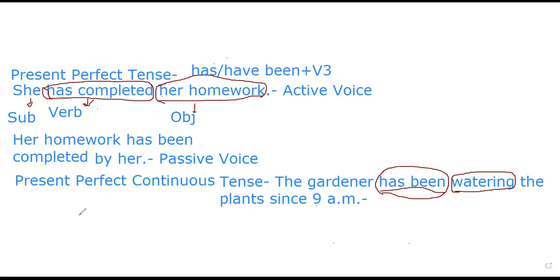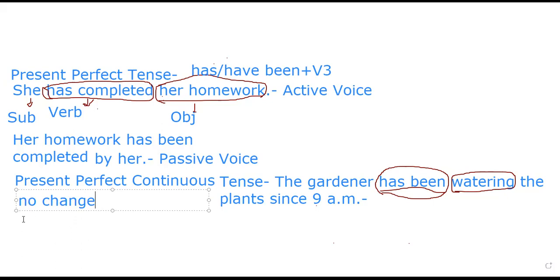Is it clear? So for present perfect tense and present perfect continuous tense, there will be no change from active to passive voice. It can't be changed from active voice to passive voice.